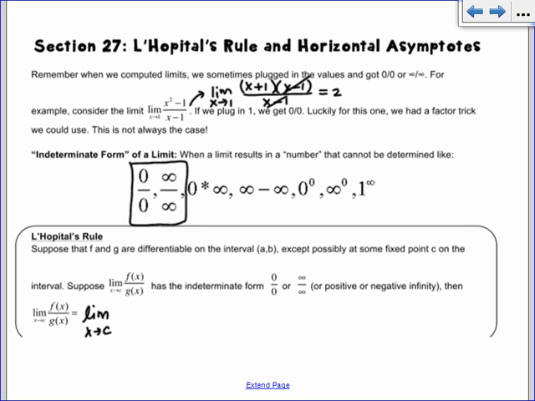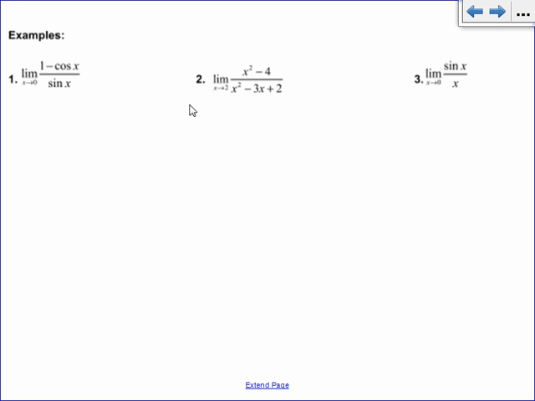You end up being able to just take the derivative of the top and the derivative of the bottom, which seems to go against all derivative rules ever, right? Because it's like, wait, shouldn't I do quotient rule if I'm going to take the derivative? But it's just a limit. It's a rule that involves limits. So you're allowed to take the derivative of the top and the bottom for L'Hopital's rule. That's what it's going to equal. And you could continue to go, like you could do the second derivative if needed and so on. So you'll see some like that.